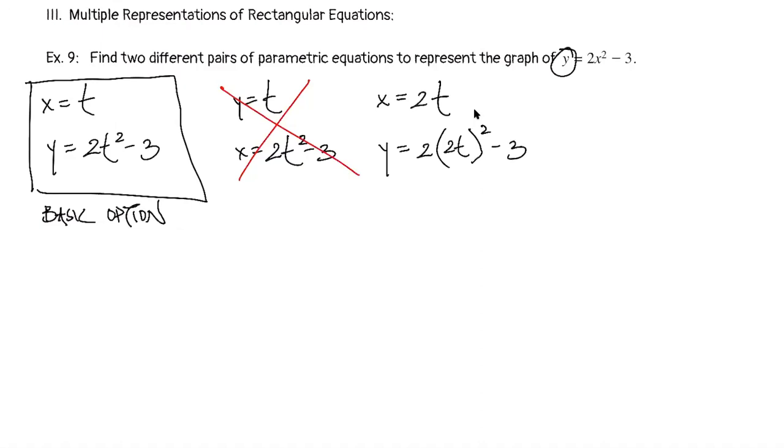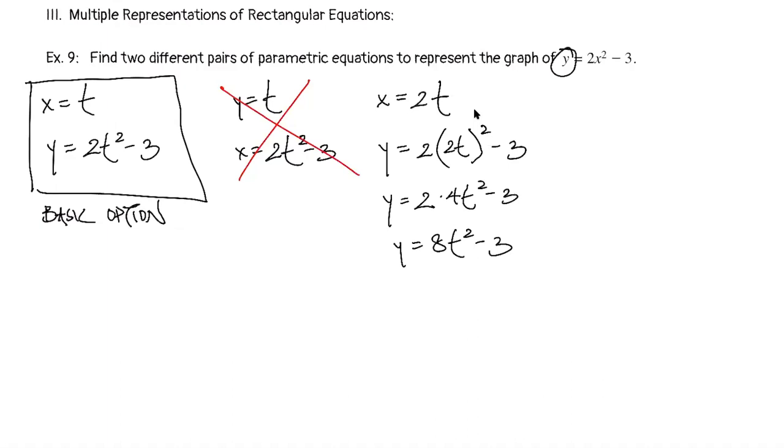So you plug this in to find the second equation: 2 times 4t squared minus 3, or y equals 8t squared minus 3. Whatever you plug in here, plug it into your other equation and bring it all the way through.